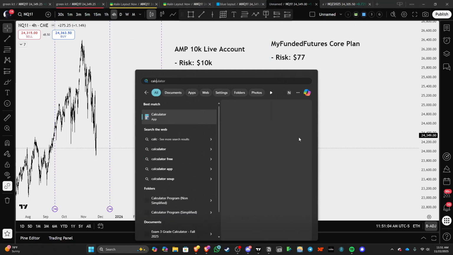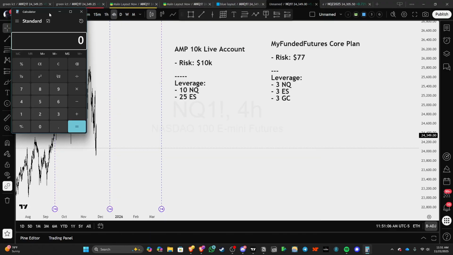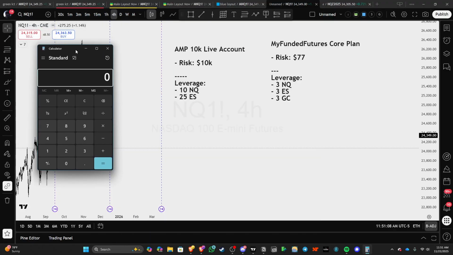And let's get a calculator out. Let's see the multiplier on this. 77 divided by 3. This is how much you're paying for each contract, essentially, if this is one way to think about it. $25 to access 3 contracts on NQ.